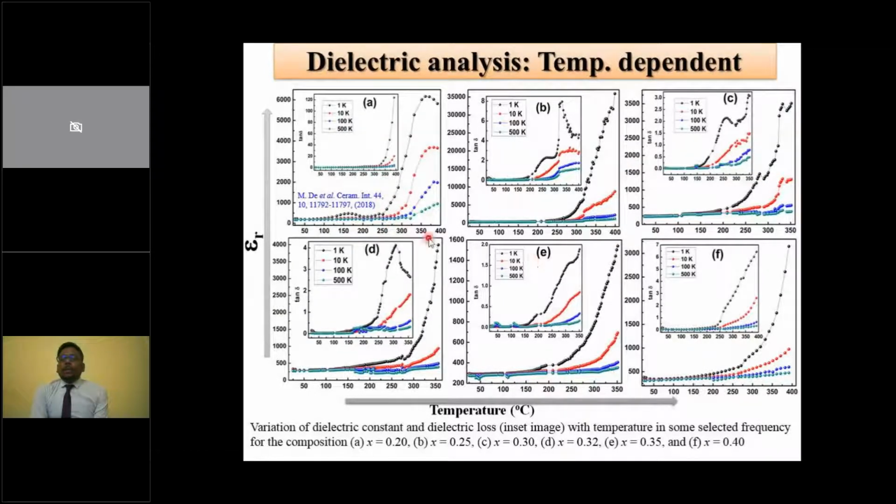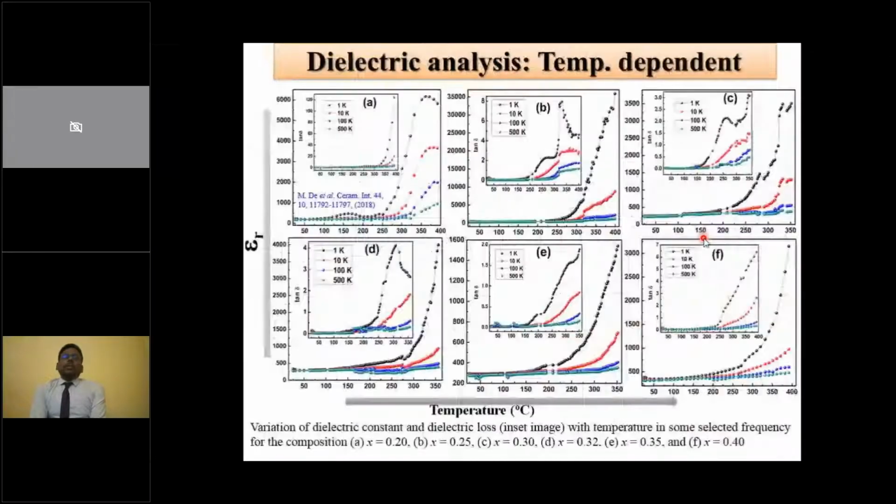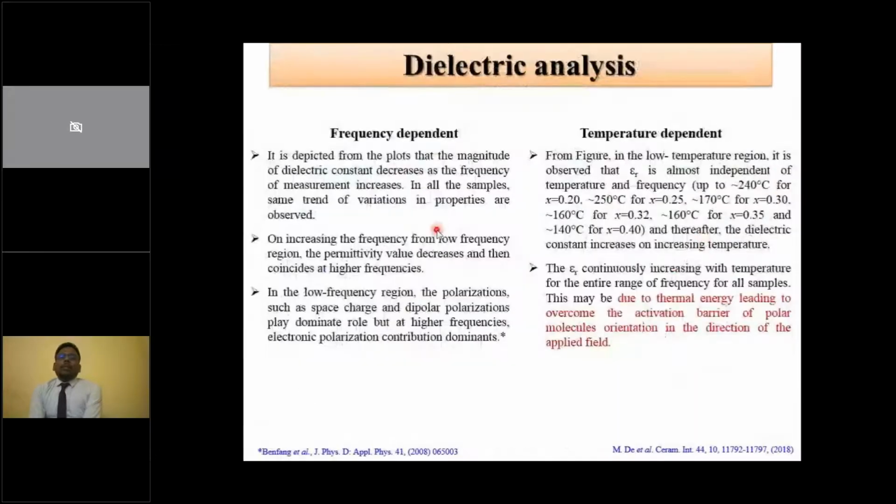Okay, now coming to the dielectric, this figure shows the frequency dependent dielectric spectra of all compositions, and the inset figure shows the different loss tangent with respect to different temperature as well as frequency. In the case of frequency dependent dielectric, it is depicted that the magnitude of the dielectric constant decreases with the frequency of measurement, and all samples try to follow the same fashion.